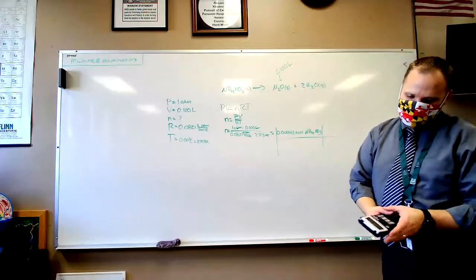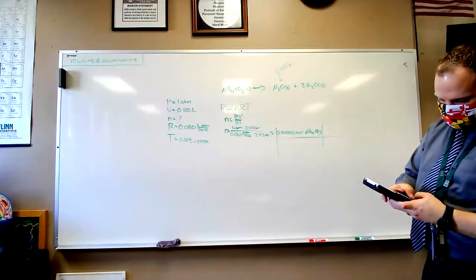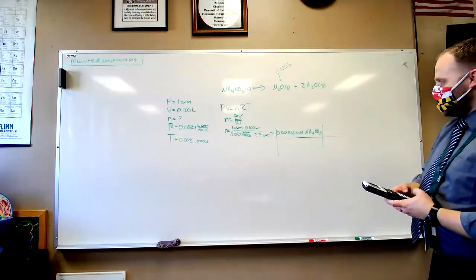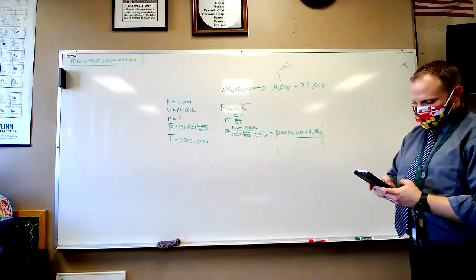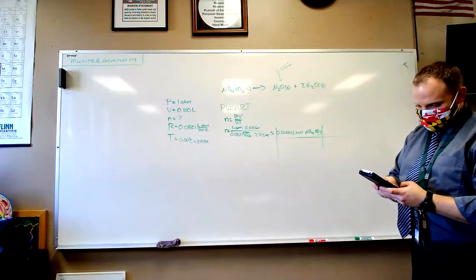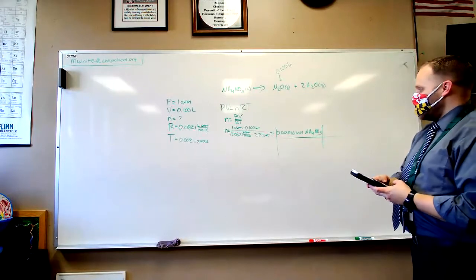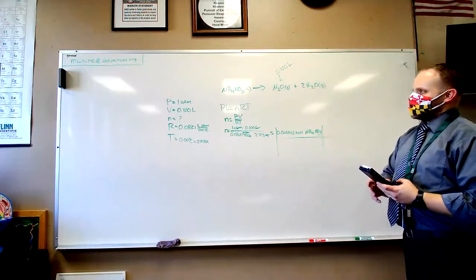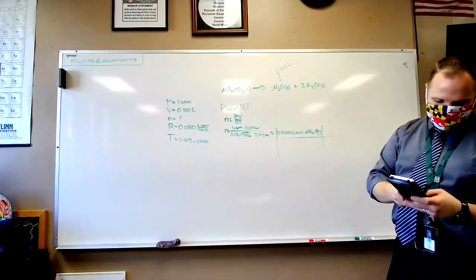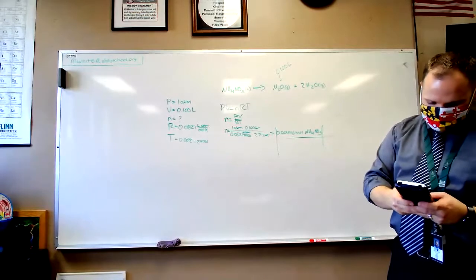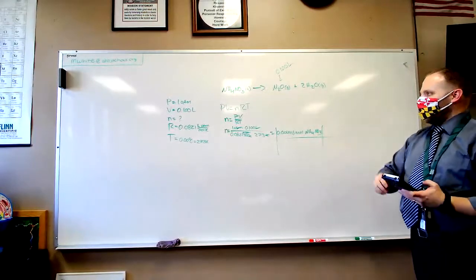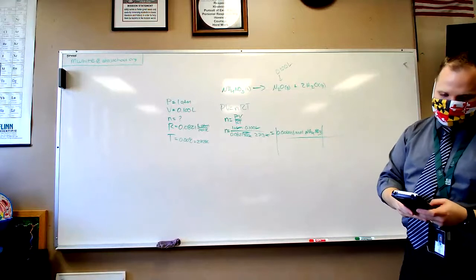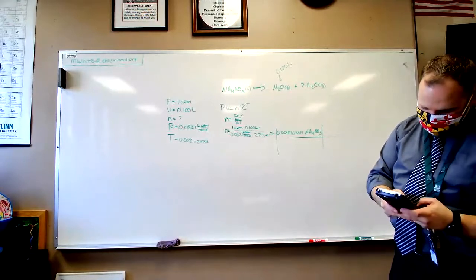And we see nitrogen, 14.007, plus, well, we've got two of those nitrogens, so plus another one. And then we're going to have four hydrogens, 1.008, four of those, and then three oxygens, 15.999.